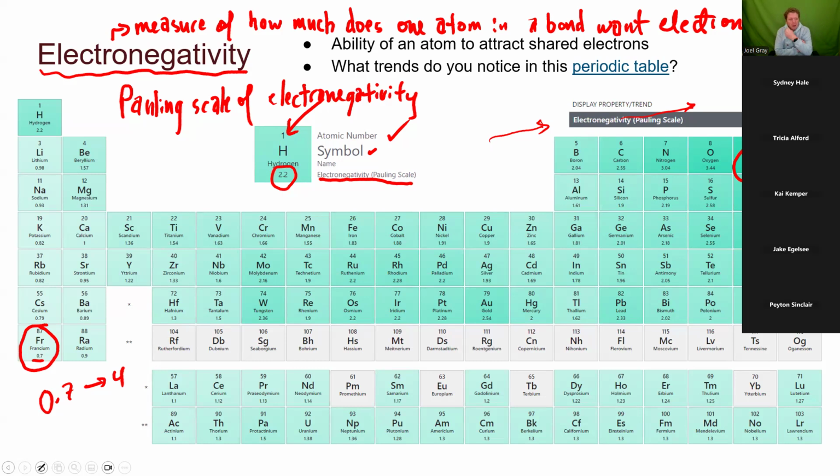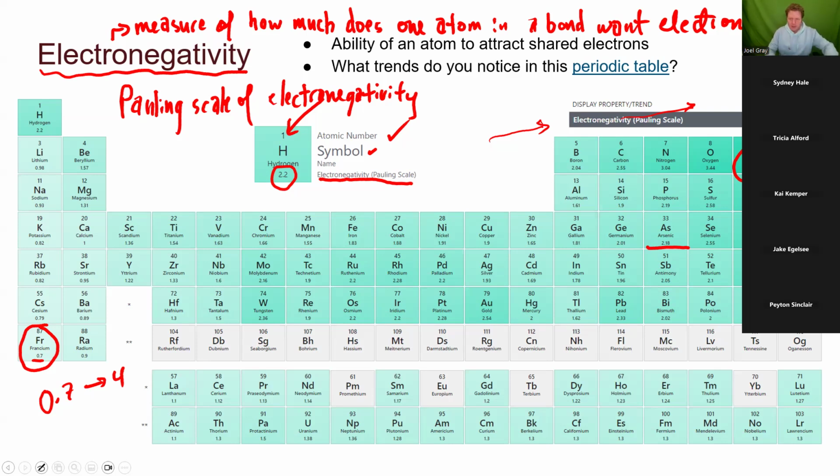Now, add to the chat yes or no, do you think that fluorine is more electronegative than arsenic, As, over here? Is fluorine more electronegative than arsenic? Yeah, that's a pretty reasonable thing to say, because fluorine's the most electronegative element.